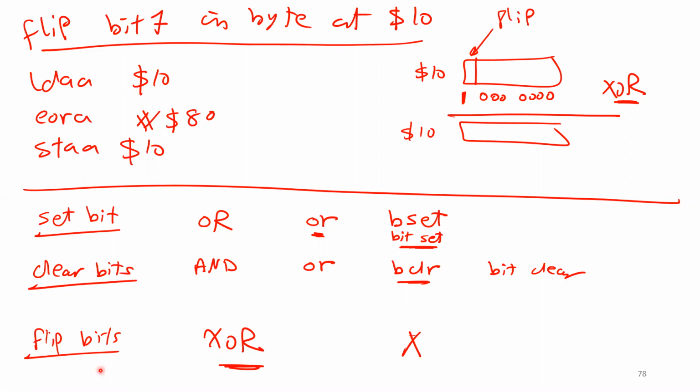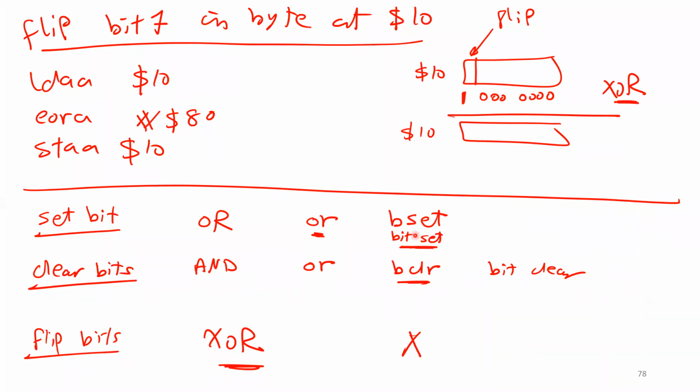So here I'm giving you a summary. Look here, guys. If you want to set some bits, you can use OR or bit set. If you want to clear some bits, you can use AND, or bit clear. Okay, but I like bit set and bit clear because they are short.